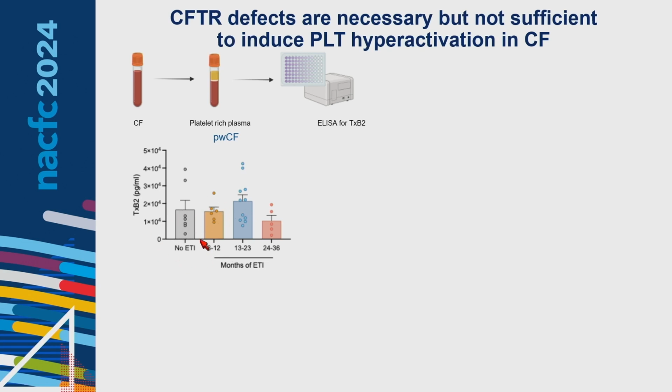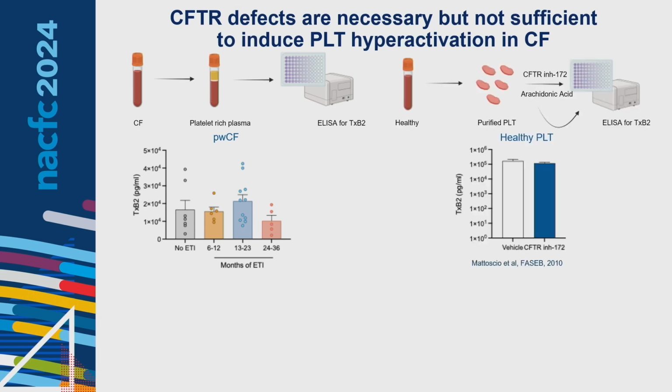As you can see in this graph, in our people with CF treated with ETI, we did not observe a significant reduction of platelet activation as measured by thromboxane B2 release over time, thus suggesting that the restoration of an almost normal function of CFTR is not sufficient to abolish platelet hyperactivation. This is also consistent with our earlier data showing that if we treat platelets with a specific CFTR inhibitor, again, we do not observe an increase in platelet activation.